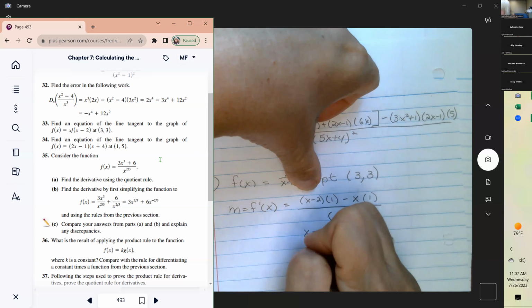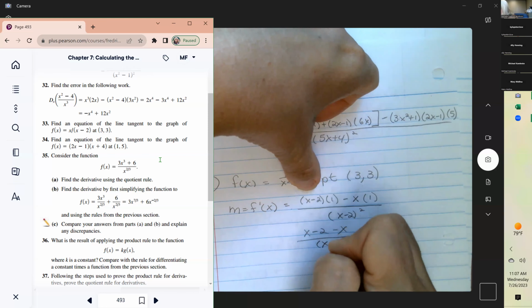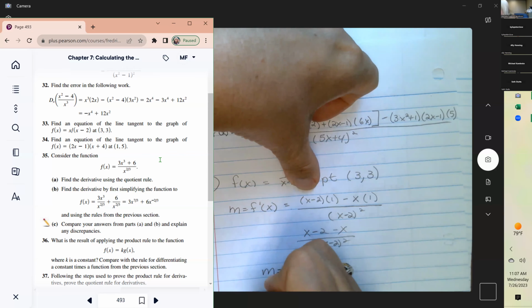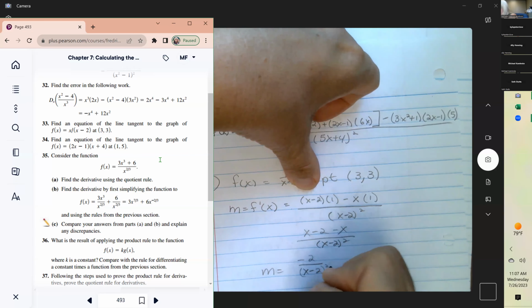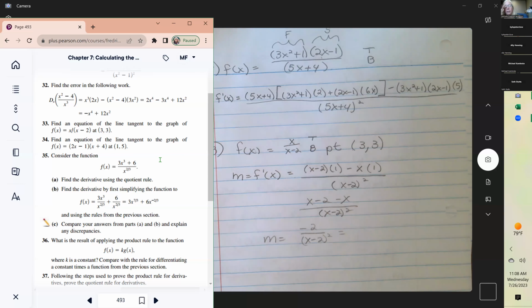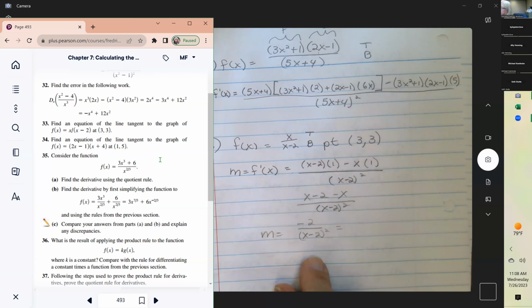x minus 2 minus x. The x's cancel, and our slope is negative 2 over x minus 2 squared. Any questions? We want to find when x is 3, so we plug in a 3.